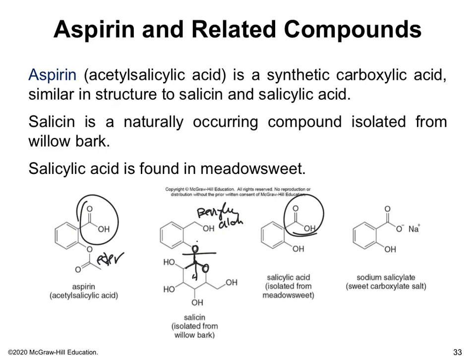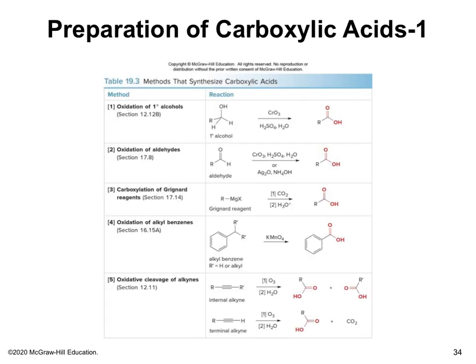Here we have another carboxylic acid, but they're just showing you that it's got a sugar added on. That's kind of interesting because that's an acetal from the willow bark. And this is sodium salicylate, and it's kind of sweet.